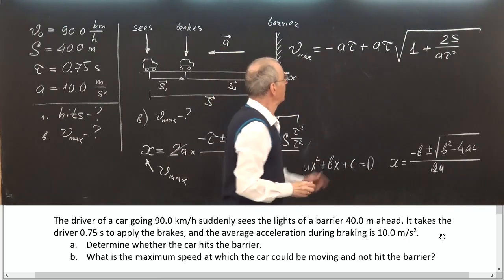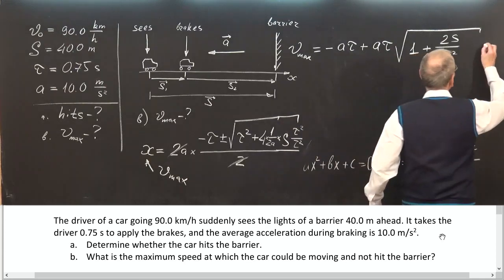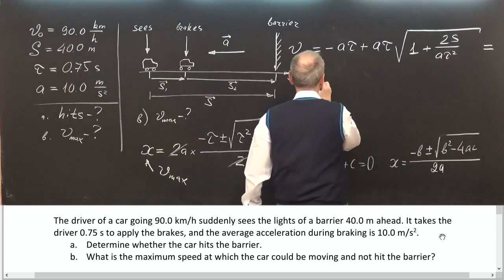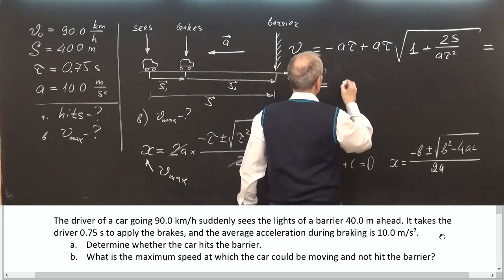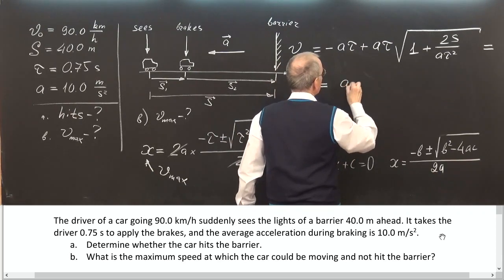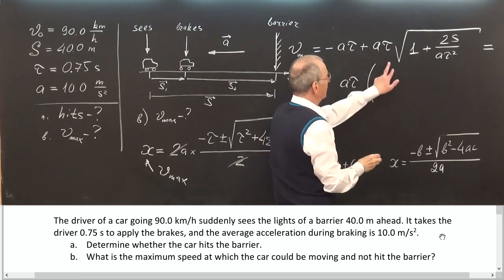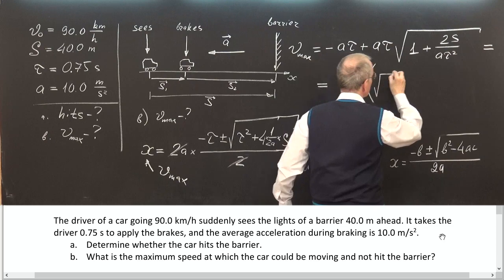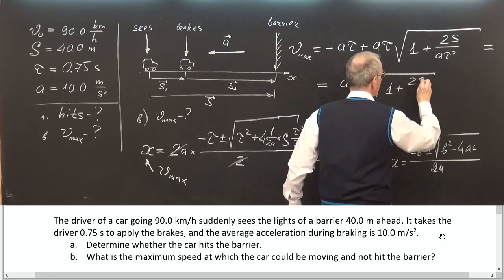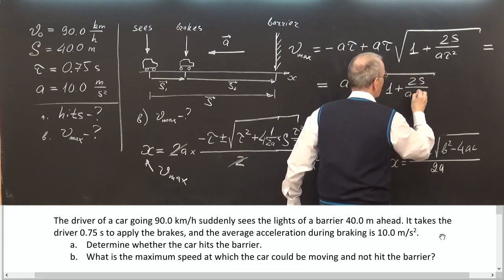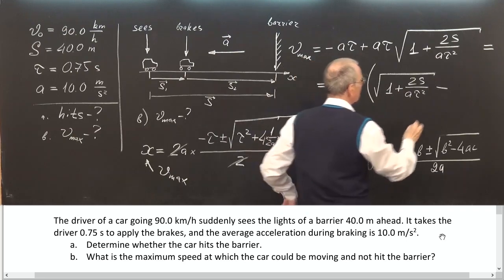And let's bring a tau out of brackets. We have a tau times the square root of unit plus 2s over a tau squared, minus 1.